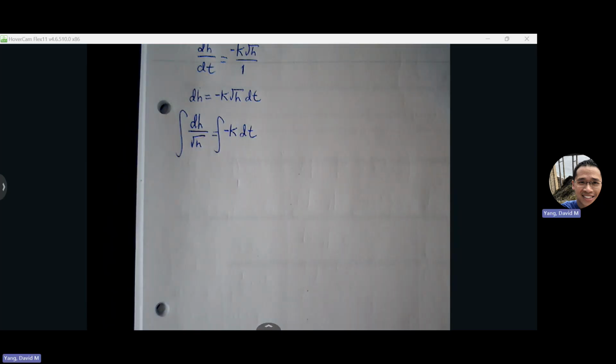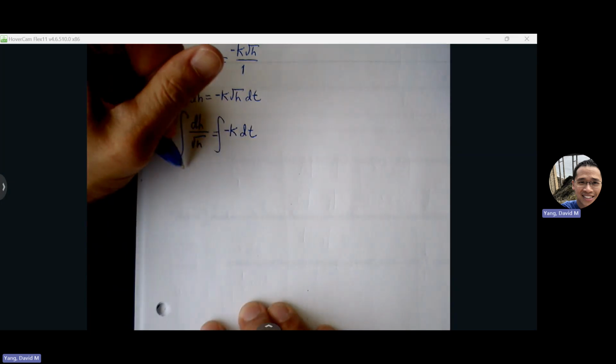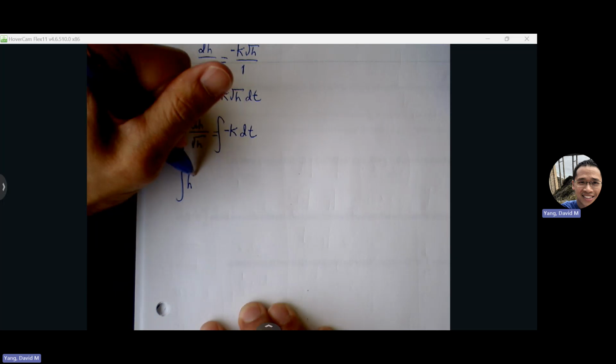We have h's on the left. The right side is in terms of t and everything else. What would you want to do on the left side? Mhm. 1/2. And rely on what rule? Oh, okay. So we'll make it h to the negative 1/2 dh.